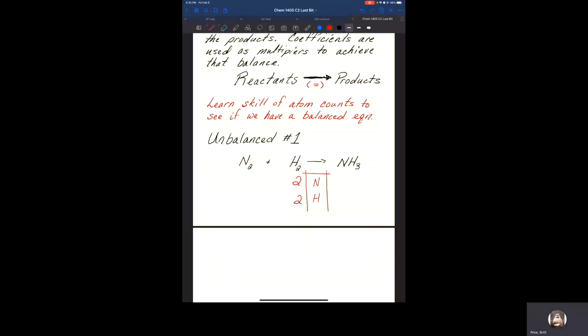On the product side, I only have 1 nitrogen, and I have 3 hydrogens. These counts do not match.